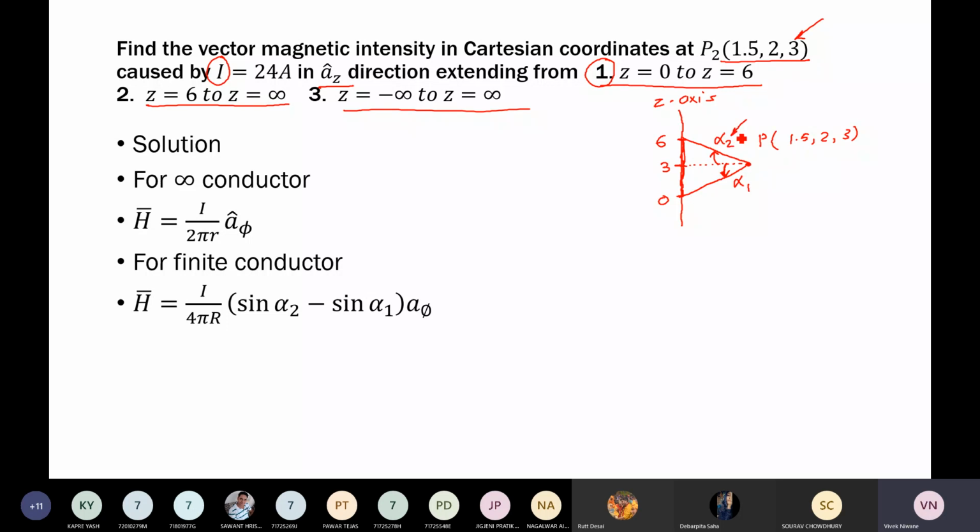It is actually disappointing, and it is quite easy to get the angles alpha 1, alpha 2. You just need to put the formula: sine of alpha 1 is equal to 3 upon something.